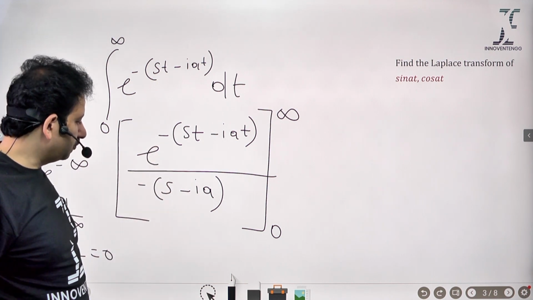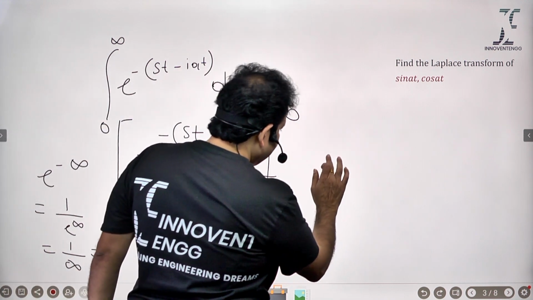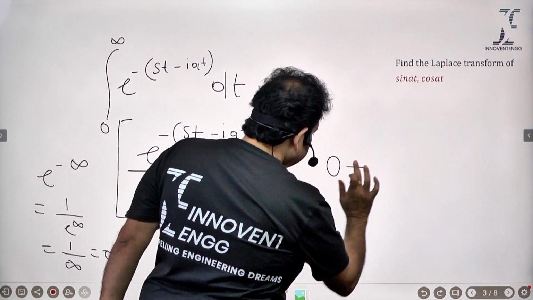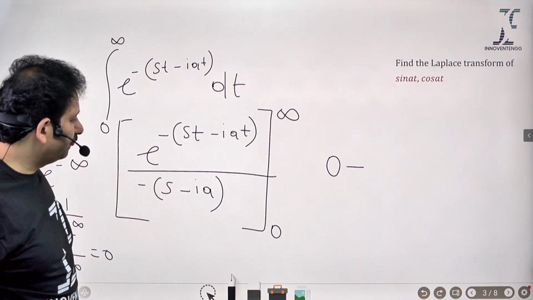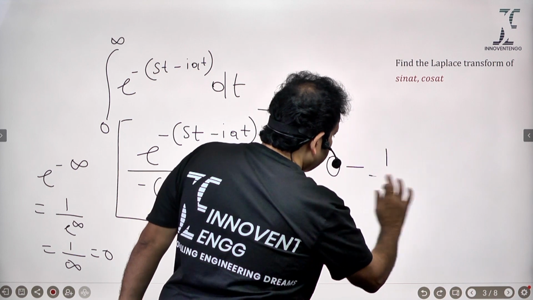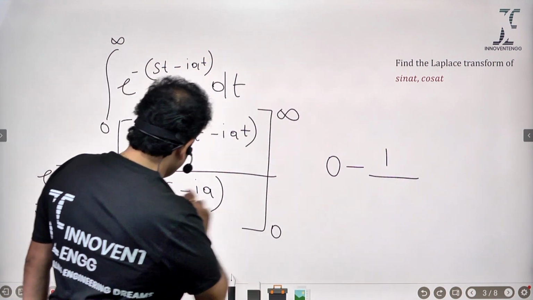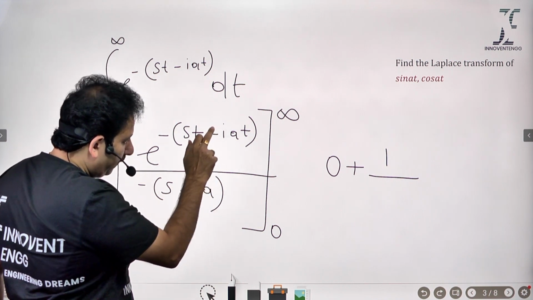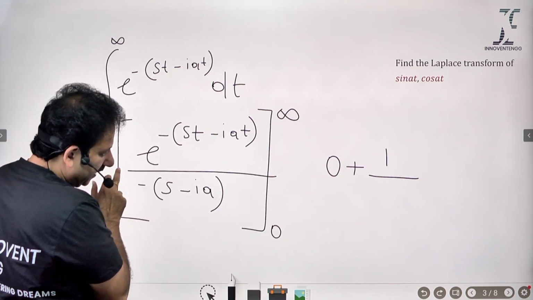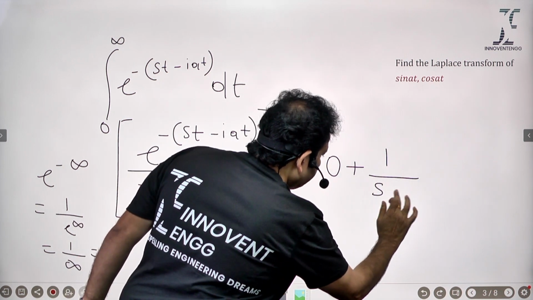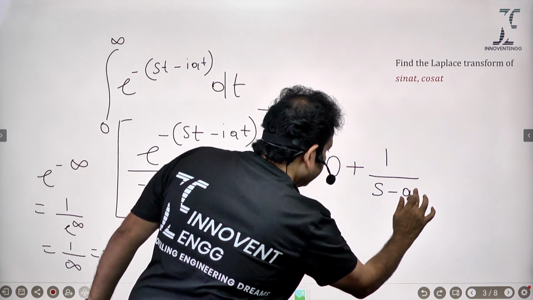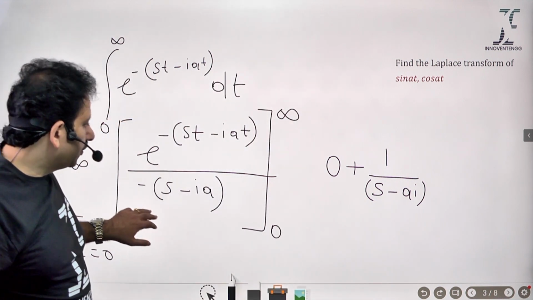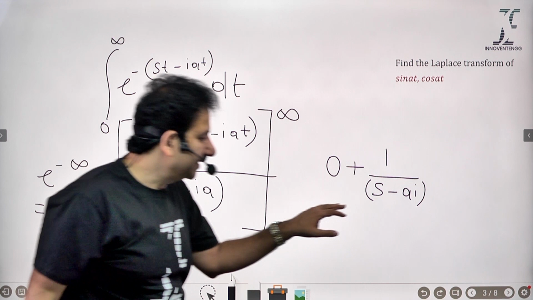So what we have here essentially is 0, the upper limit, minus 1, divided by minus (s minus ia). Minus of minus can be written as plus, because there is already a minus here. Upper limit minus lower limit, there is already a minus here, so you don't have to worry, you have got ai. So you can remember it as artificial intelligence. So you have 0 plus 1 by s minus ai.